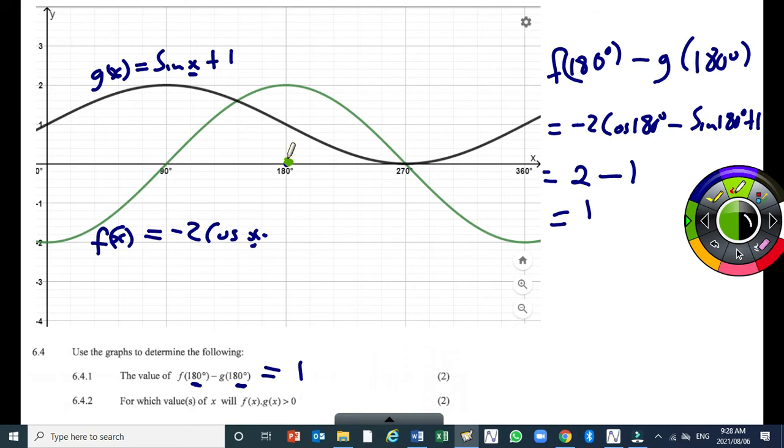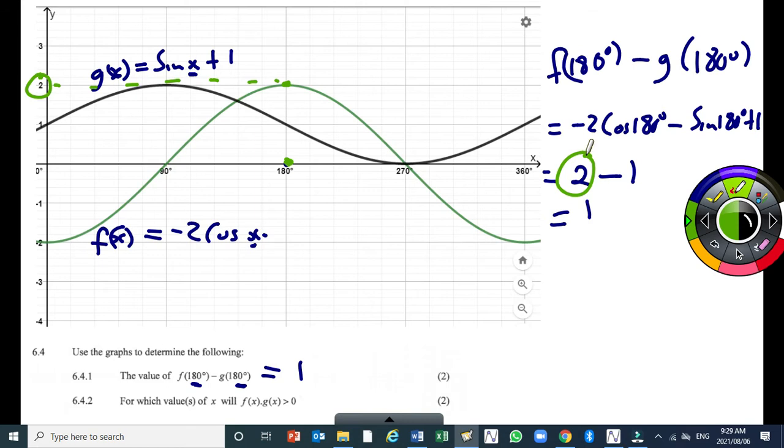Because the cos graph is above. Okay? So, the value of y here is a what? It's a 2. That's the 2 that you get from the calculator. The 2 that you get by calculation is there on the graph, which is this one here.